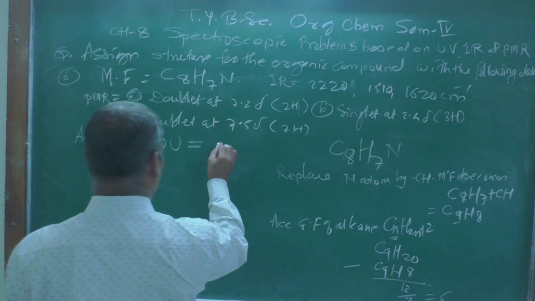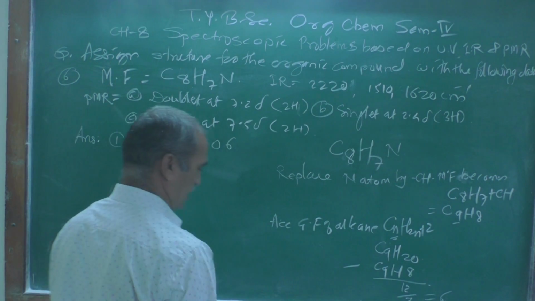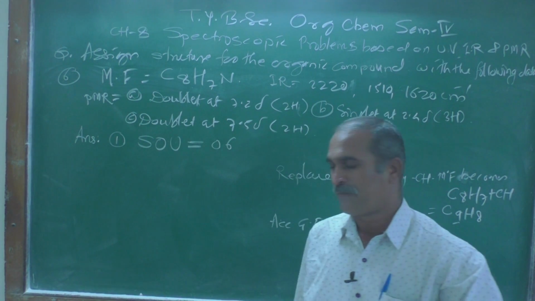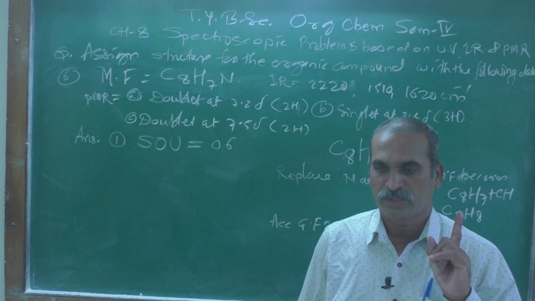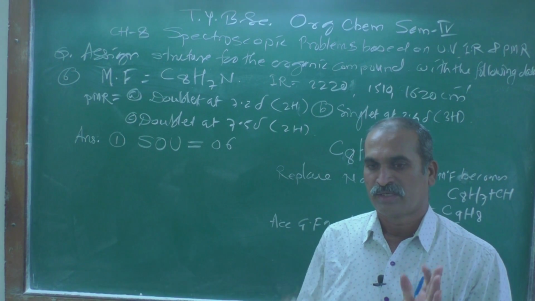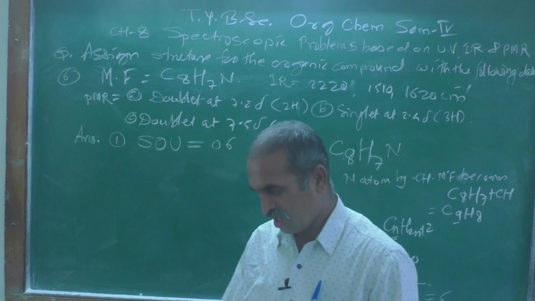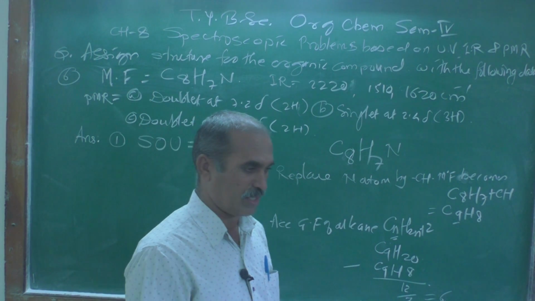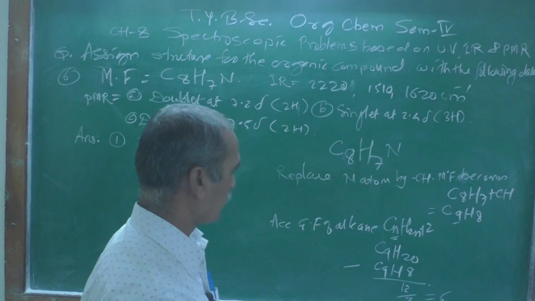Therefore, the organic compound we are going to find must contain 6 sites of unsaturation, maybe as a ring, maybe a carbon-carbon double bond, or whatever it is.